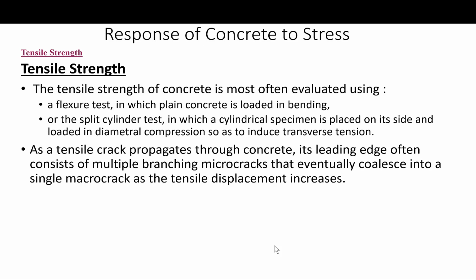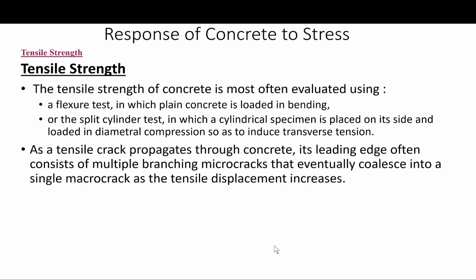As we will discuss later, though, the tensile strength of concrete is most often evaluated using a flexure test, in which a plain concrete is loaded in bending, or using the split cylinder test, in which the cylinder specimen is placed on its side and loaded in diametral compression so as to induce transverse tension, as we will see later.